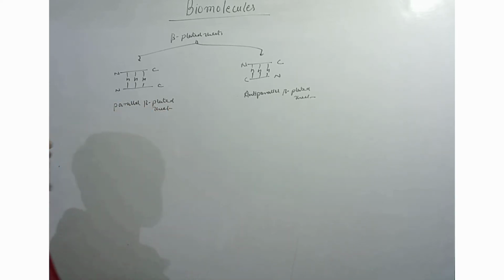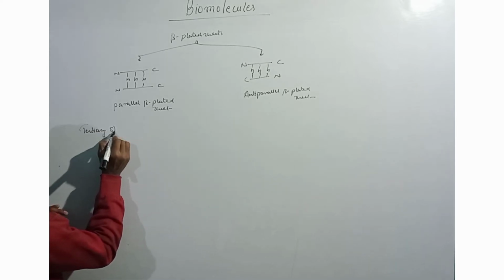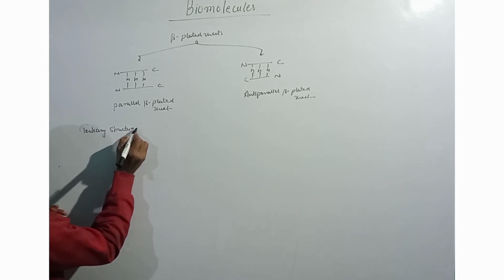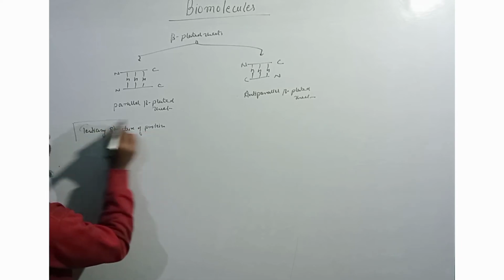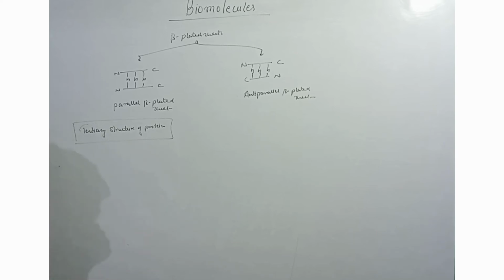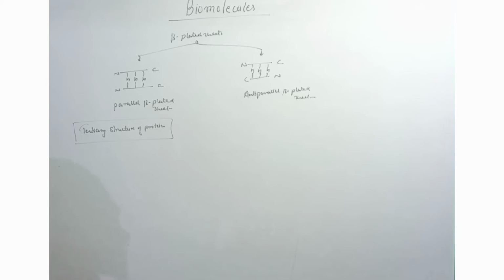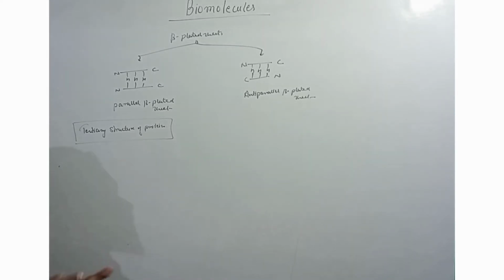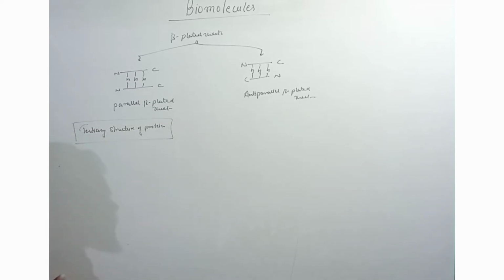Now come to the tertiary structure of protein. When the primary structure coils upon itself and forms a globular structure, just like a hollow woolen ball, in which crevices, pockets and loops are created, the structure is called the tertiary structure.